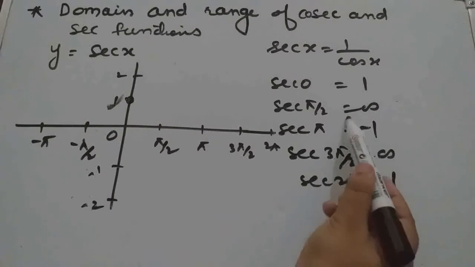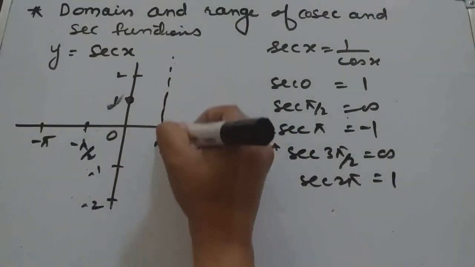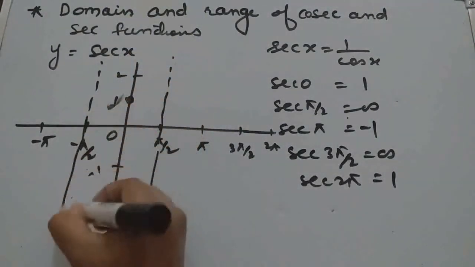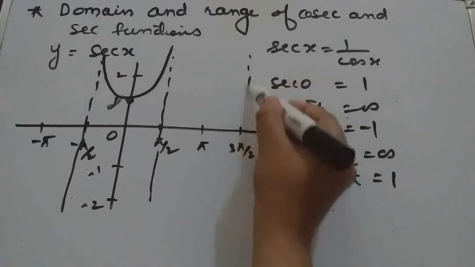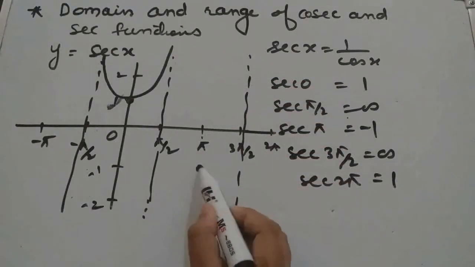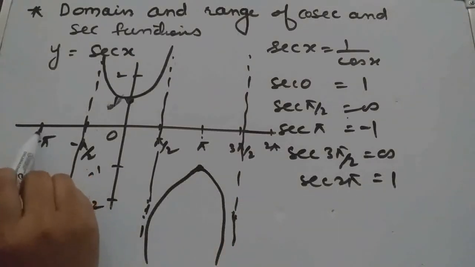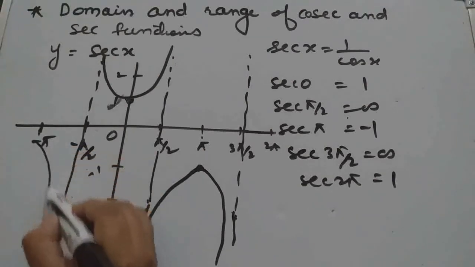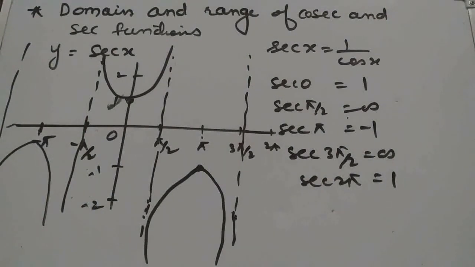At pi by 2 it is infinity, and at minus pi by 2 also infinity, so here it will come like this. And at 3 pi by 2 also infinity, but sec pi is minus 1, so this. And here same case, here also it will come, here minus will come. So this is the graph.